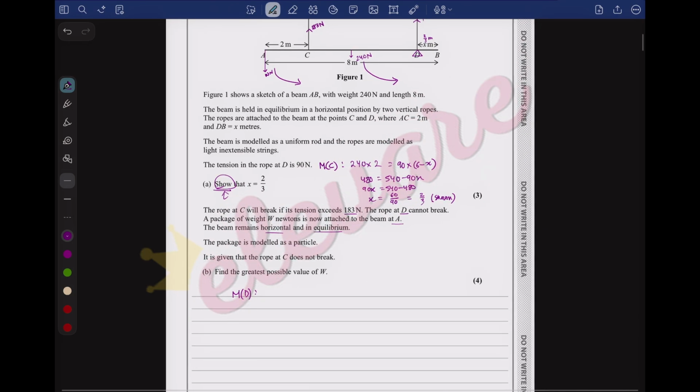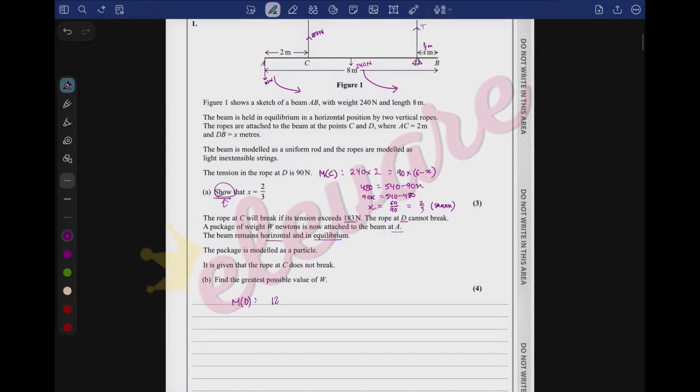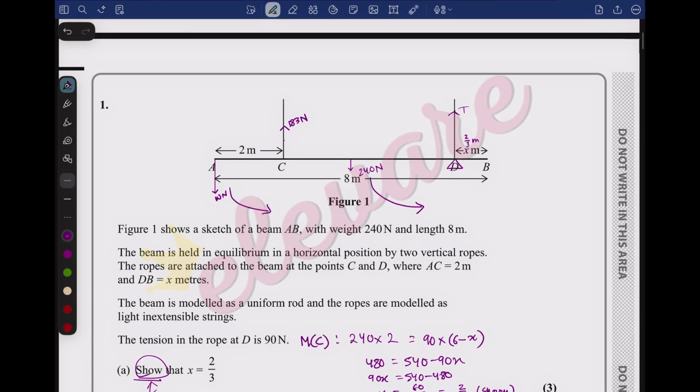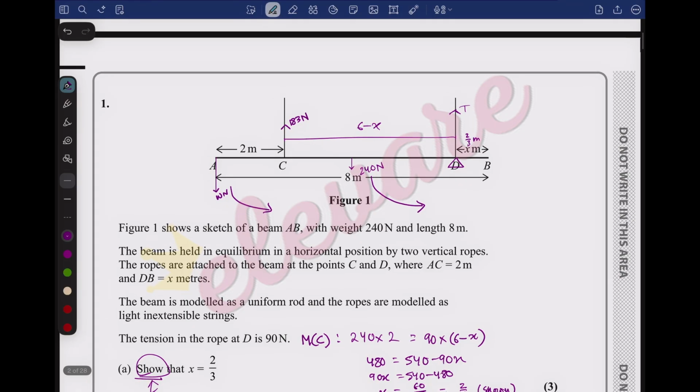Clockwise equal to anti-clockwise. Let's write down the clockwise moment first, which is going to be 183 multiplied by, what is the distance in between? Remember, we already figured it out. It was 6 minus x, right? So we know what x is. So isn't this just going to be 6 minus 2 by 3, which is equal to 16 by 3?